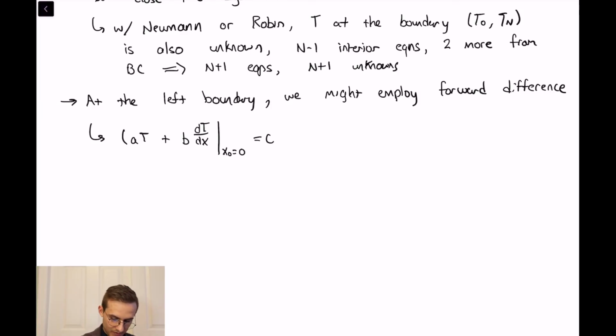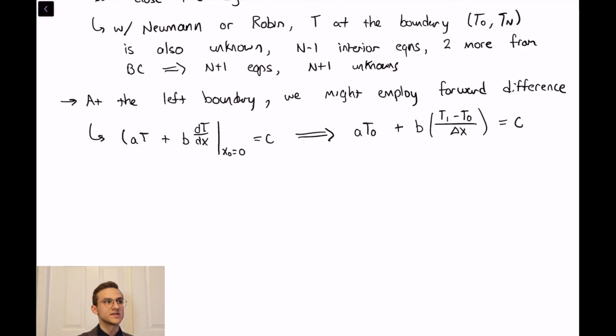If we discretize that, what we end up with is a times T naught, the T at the left boundary, plus b times (T1 minus T naught) over delta x, and that is equal to c. That becomes our finite difference representation of that boundary condition equation.